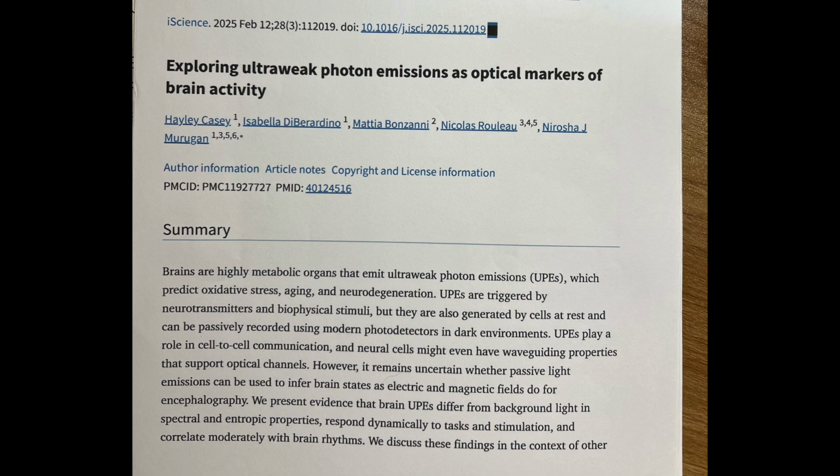UPEs play a role in cell-to-cell communication, and neural cells might even have wave-guiding properties that support optical channels. It remains uncertain, however, whether passive light emissions can be used to infer brain states as electric and magnetic fields do for encephalography.